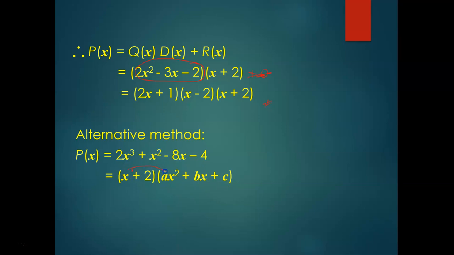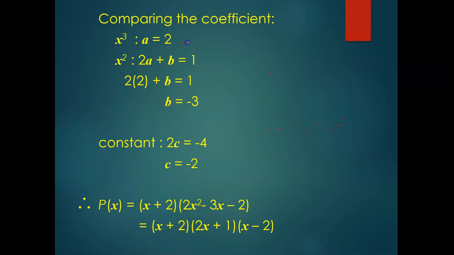Now you expand these two brackets, then you make a comparison with the coefficients. Here the coefficient is 1, here the coefficient is negative 8. For example, x multiplied with ax squared, so you will have ax cubed. So when you compare 2x cubed with ax cubed, we can say that a equals 2. That's why you have it like this. The answer will be the same.